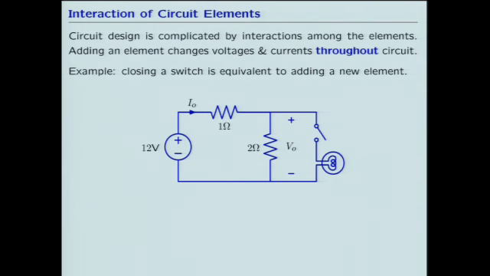OK, now I'm going to start new stuff. That was review. What I want to think about today is what is it about circuit design that makes it hard? What are the issues that make it difficult to be modular when we're thinking about the analysis and design of circuits?